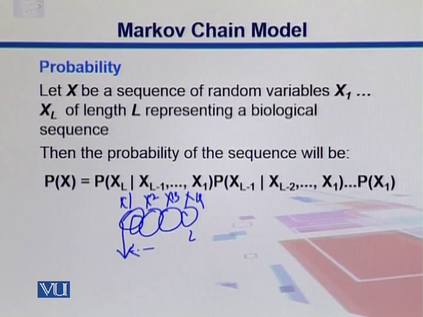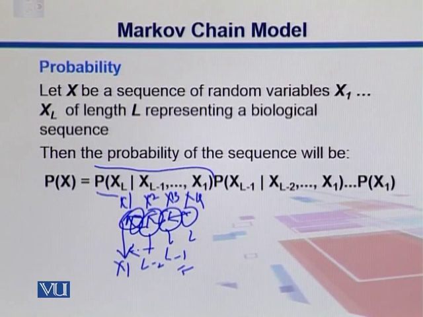When you model that, we can have different transitions. From L, then this is obviously L minus 1, this is L minus 2, and so on until you reach x1. The probability of this one can be dependent upon this one, this depends on this, this depends on this. When we put it together, we can have something like this. We start from the second last and move to the first one, and in the end we reach the first one.